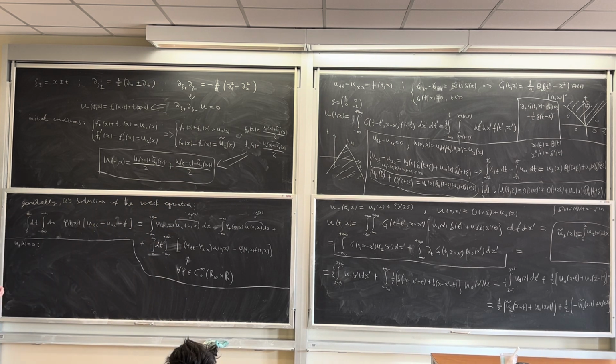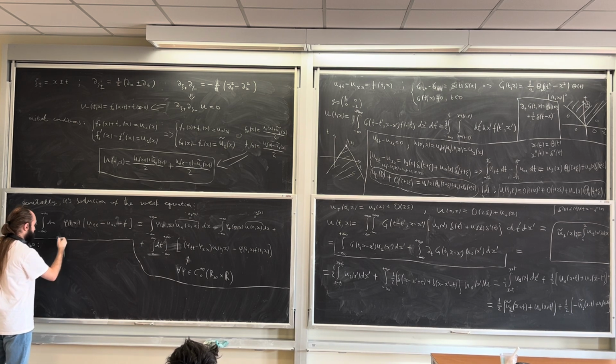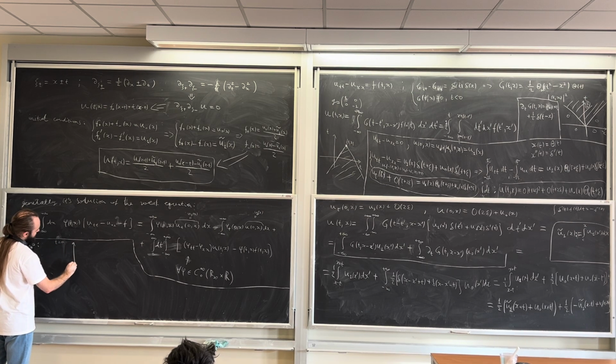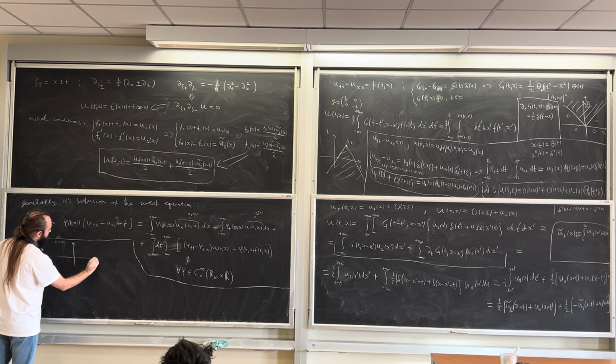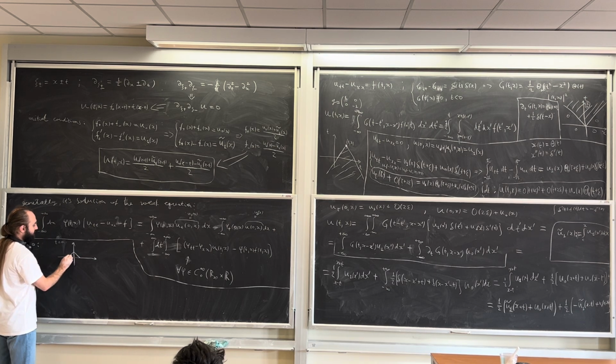So for example, when we have t equals 0, we get something like this. Let us take a function of this shape. Let us say that there is a triangular initial condition.